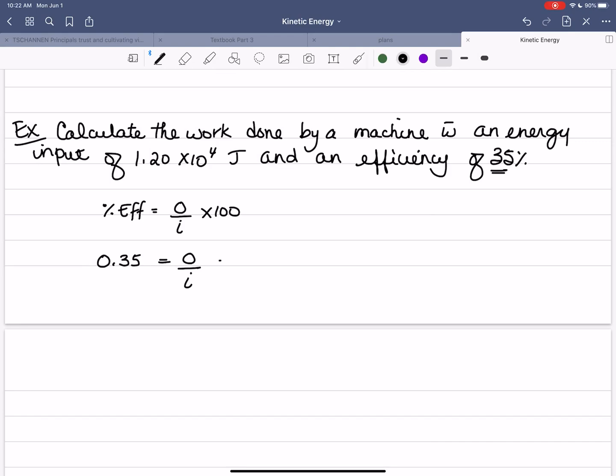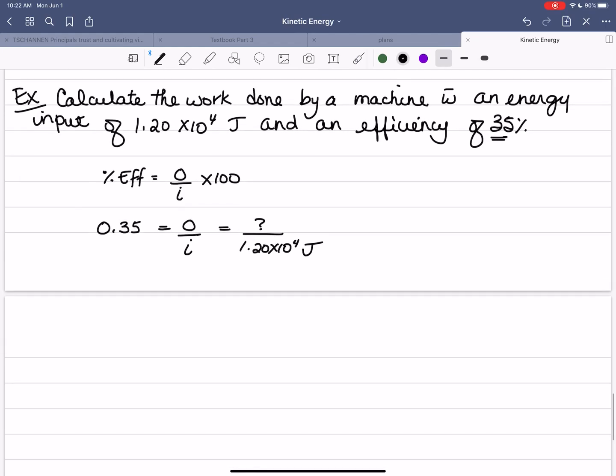I'm looking for the output, but I have the input. Okay. And so 0.35 times 1.20 times 10 to the 4th is going to give me the answer. So it's the same thing here as if I'm manipulating the formula.